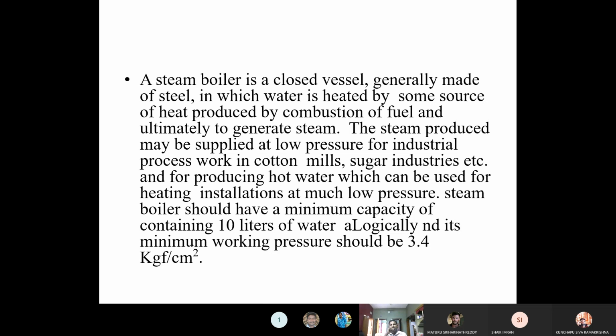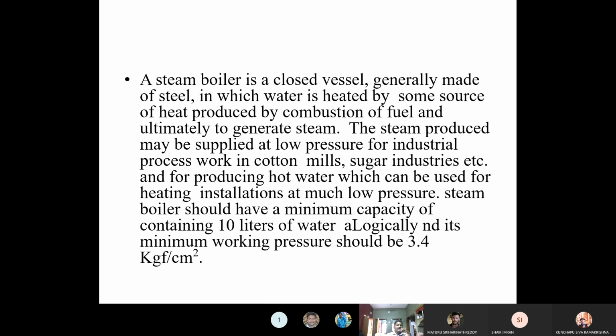Okay, this is a simple device which produces the steam. The produced steam may be low pressure steam, or medium pressure steam, or high pressure steam, or critical pressure steam, or super critical pressure steam. Understand? In this way we can produce the steam, but the minimum volume of the boiler must be 10 liters of water.